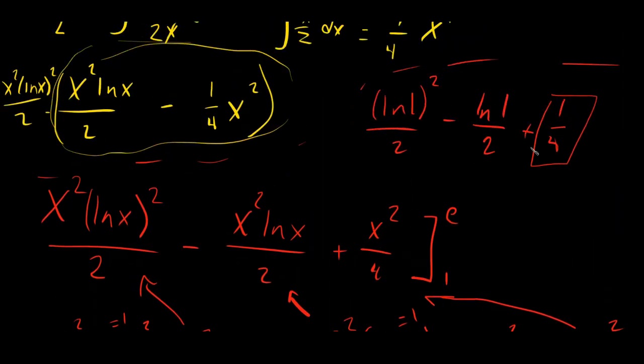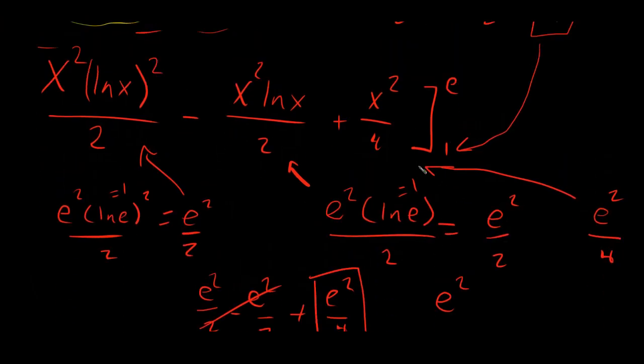This is our answer for this side of the equation, and e squared over 4 was the answer for this side of the equation. And since it's the fundamental theorem of calculus, I think it's the second part, I could be wrong, it says e squared over 4 minus 1/4, because you do this part of it minus this part of it. So this is your final answer.